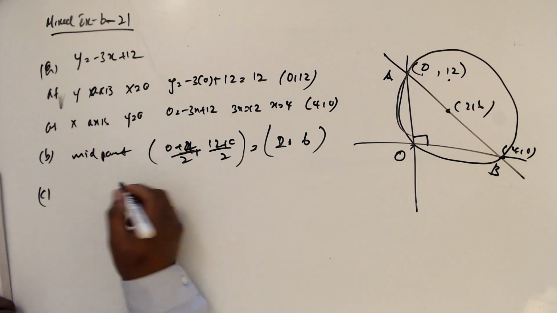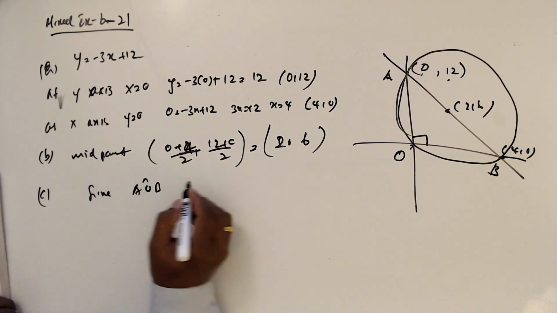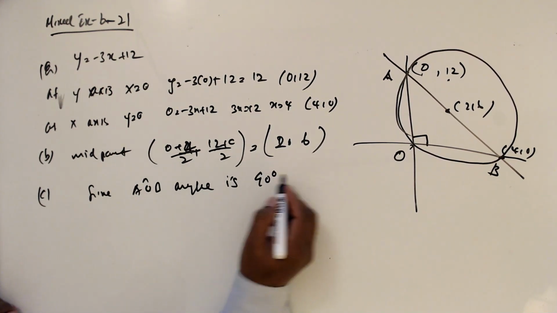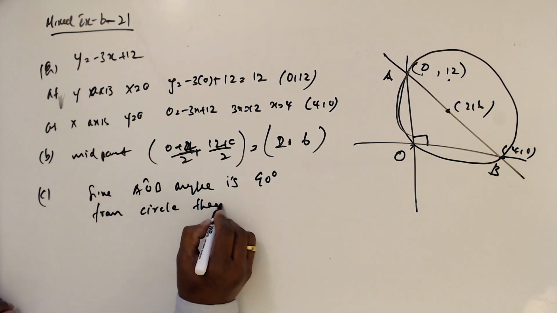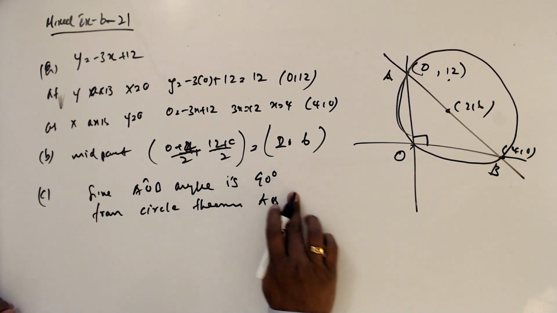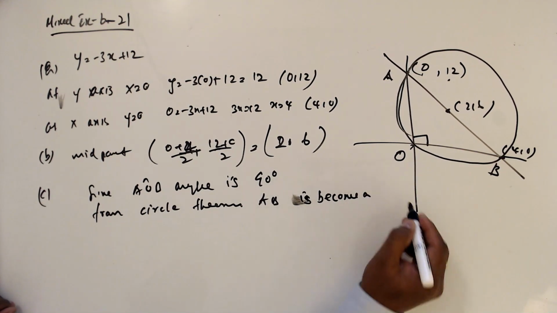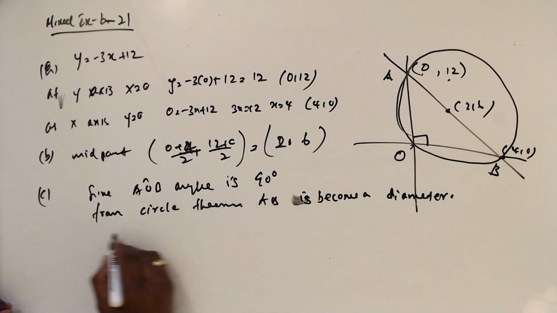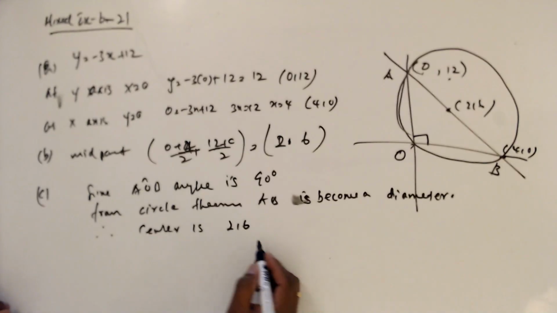So AB becomes a diameter, since angle AOB is 90 degrees. From the circle theorem, AB becomes a diameter. Hence, the center is (2, 6).